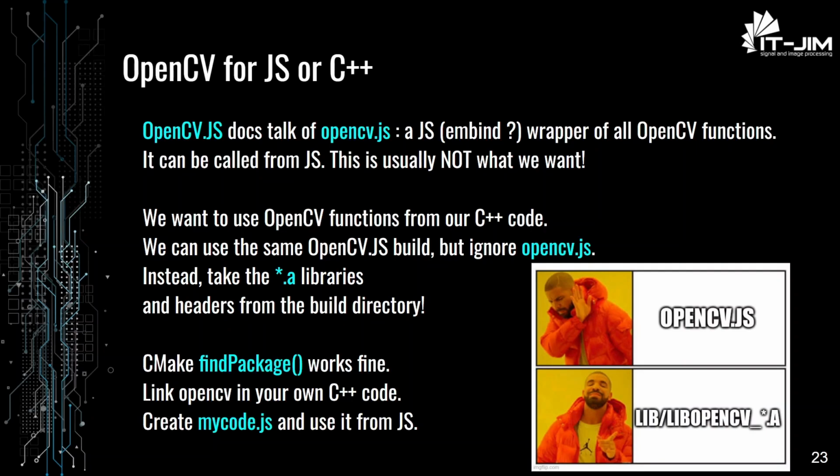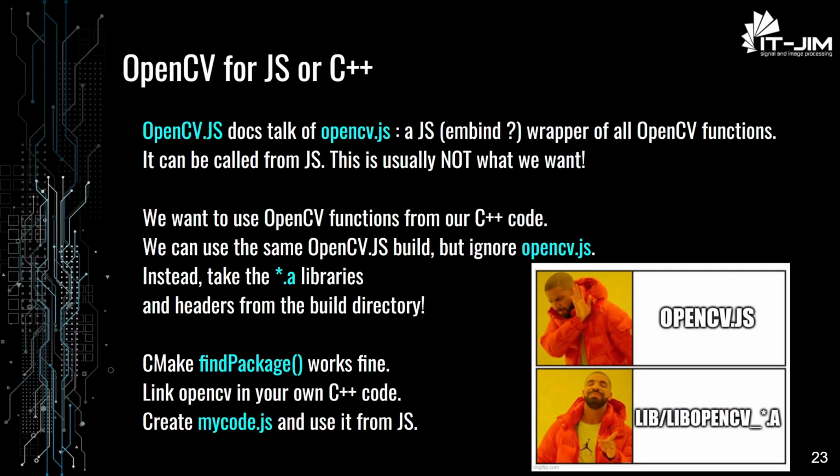the .a files, libraries which are generated during the OpenCV JS build. They are C++ libraries, real C++ libraries, not JS files built with some script, and headers from the build directory. Then you can import them in your C++ code in the normal way, just like on desktop C++ code, a CMake project.